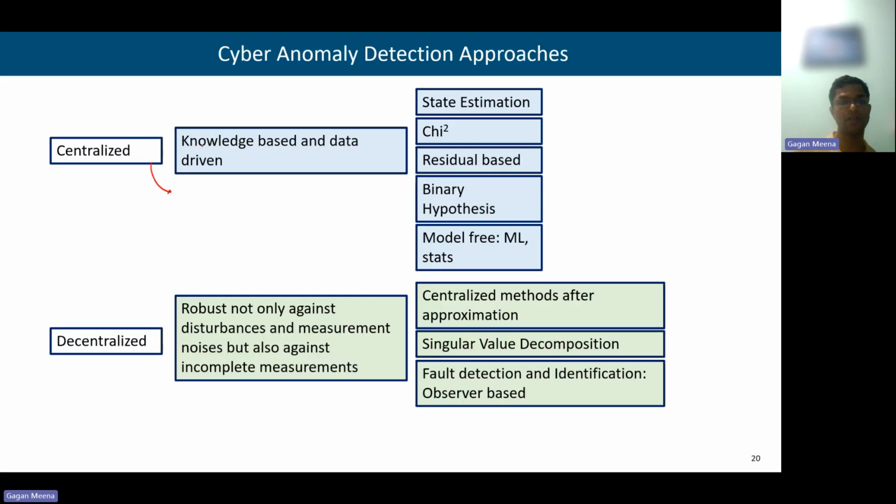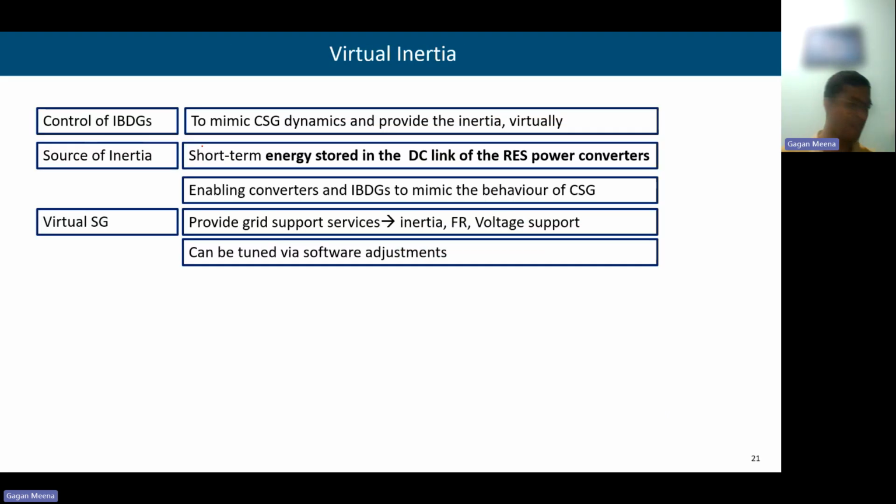Now moving on to the third part, which is virtual inertia. It is the control of inverter-based DGs in such a way that they mimic conventional synchronous generator dynamics and provide inertia virtually. What are the sources of inertia?